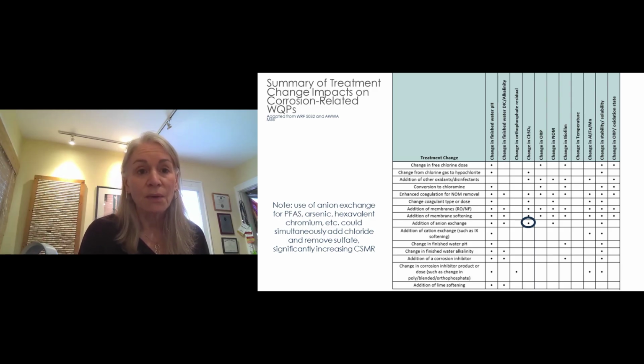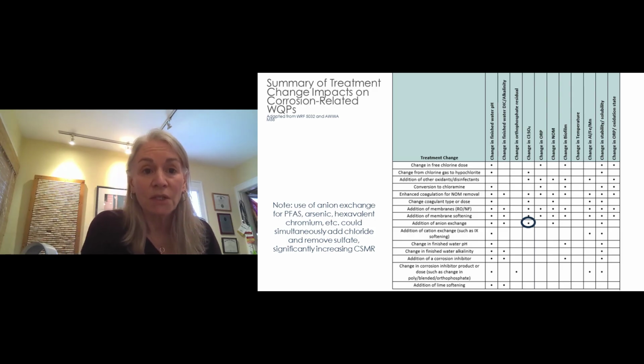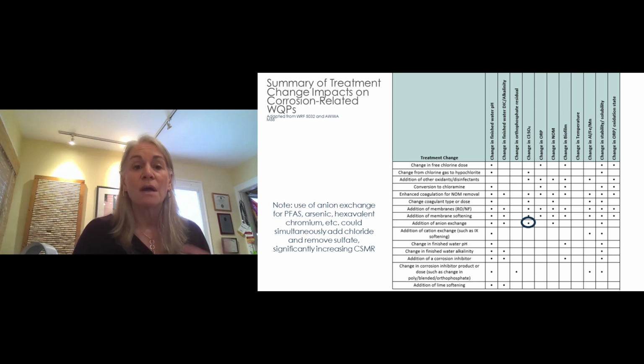I just want to highlight quickly the implementation of anion exchange with the new hexavalent chromium rule in California, and a lot of concern about PFAS and, of course, arsenic. If people are adding anion exchange, just be aware that you might be adding chloride to the water while removing the sulfate, and of course that can impact the CSMR and galvanic corrosion. So it's just a matrix for you to think through how your treatment changes may impact important corrosion control parameters.